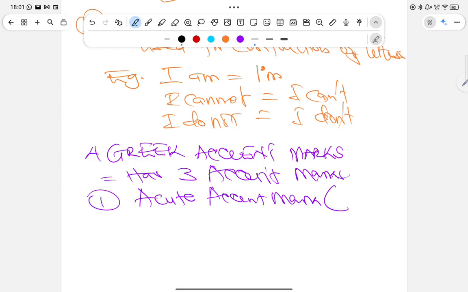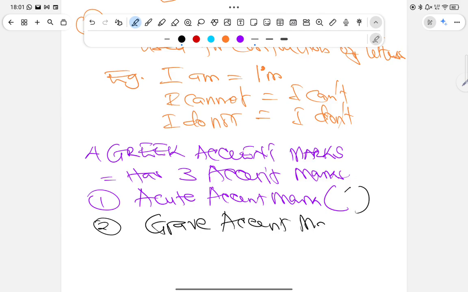Acute accent mark is just like a stroke, like that, facing. So you notice it's facing the right. The second type of accent marks is called the grave accent mark. And so think of the acute, just turn the direction.